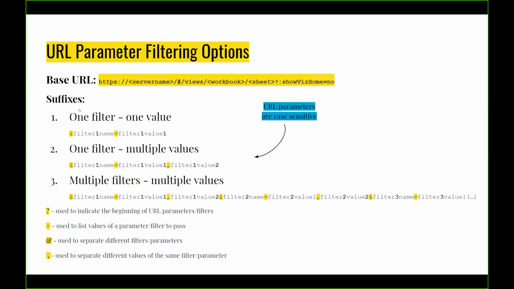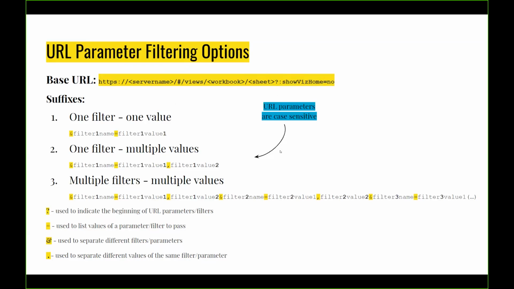And after that, you can add additional suffixes, so additional parameters, if you want to filter the data, right? So if you have a dashboard looking at sample superstore, and you only want to show one region, then you can follow that section of the URL with ampersand and a filter name, which in this case would be region equals central.